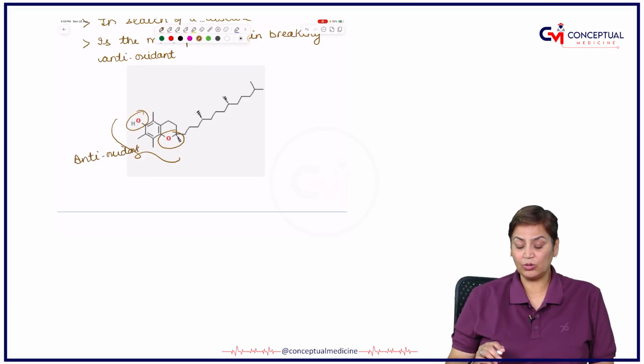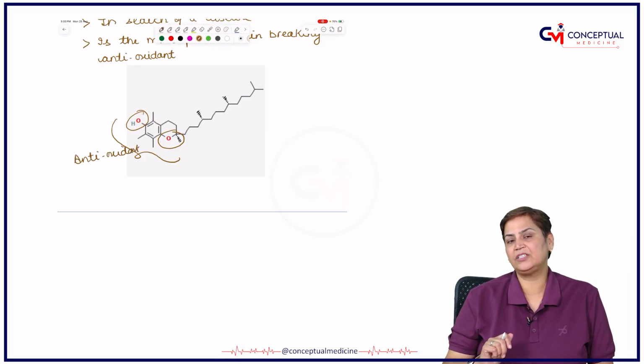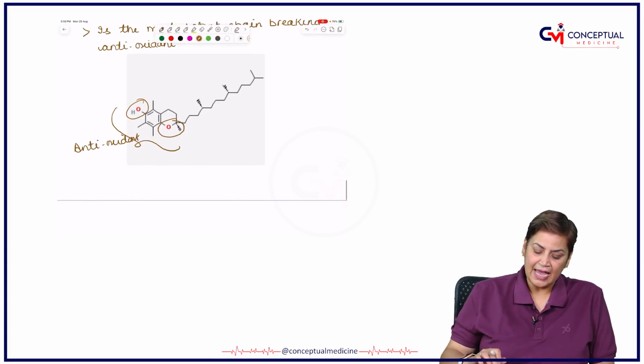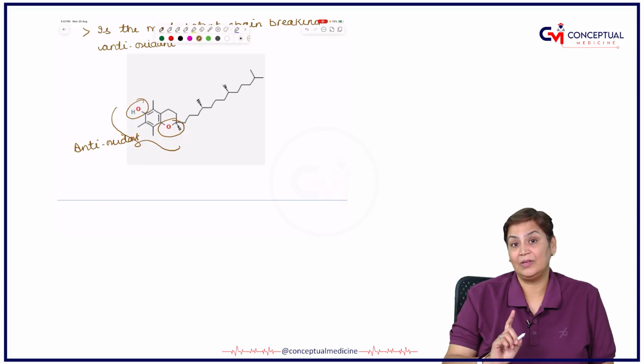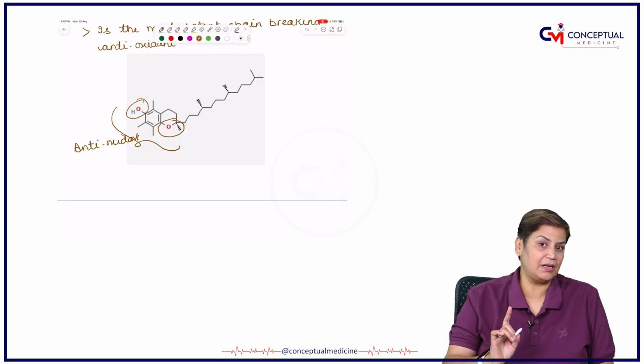Right, now coming over to the functions. As I have already mentioned, it is an antioxidant, and one very important thing about this is selenium. We know that selenium is a very important trace mineral, which is also an important antioxidant.